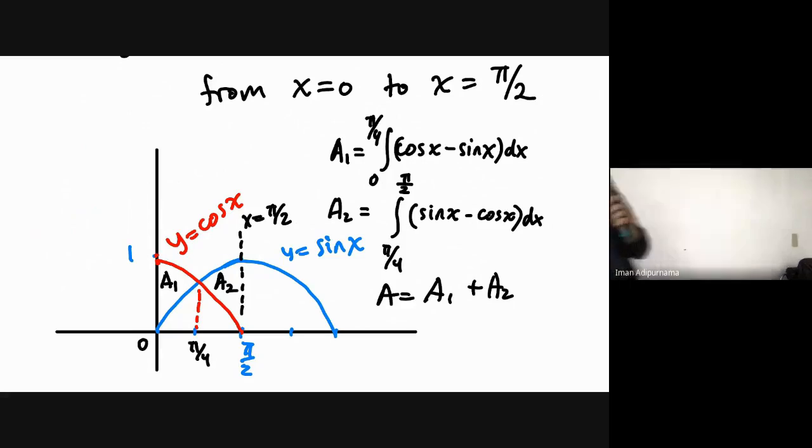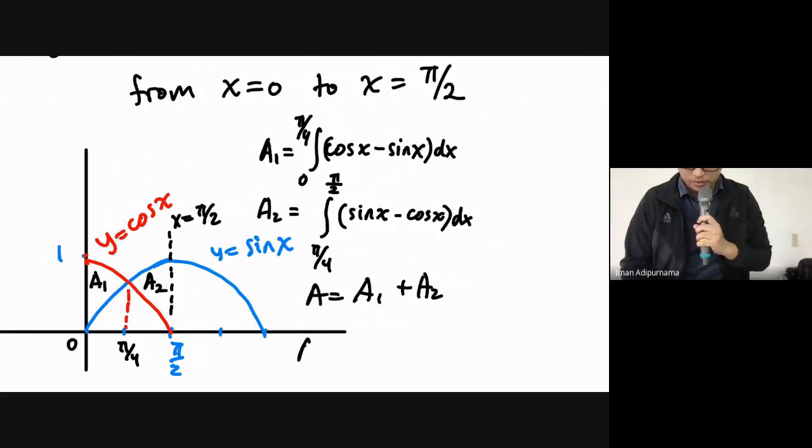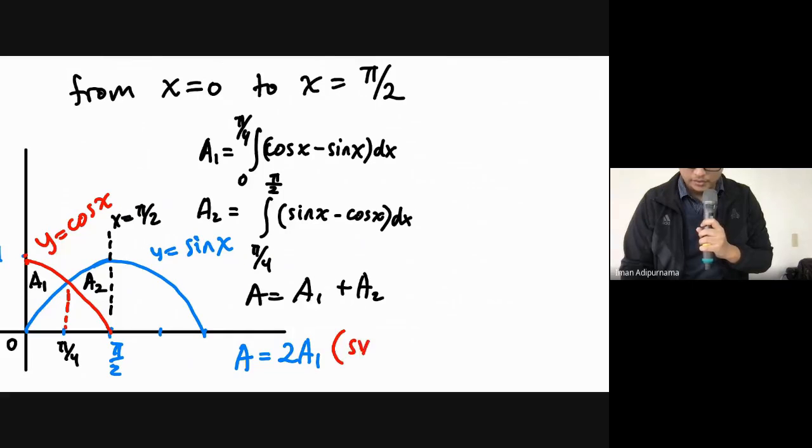So I'll write here, you can also say A is 2 A1 because of symmetry.